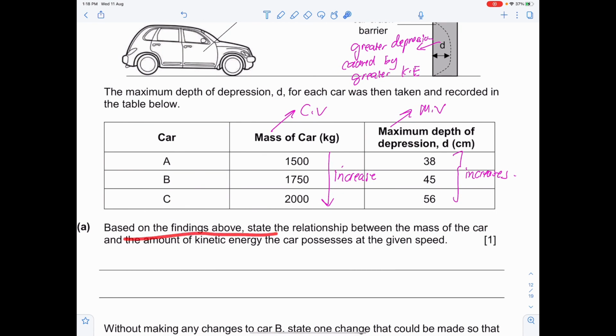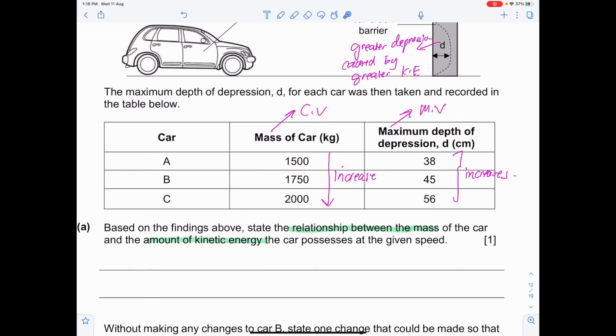Based on the findings above, state the relationship between the mass of the car and the amount of kinetic energy. Now, be very careful. Some of you just happily copy this. You would say, as the mass of the car increases, the maximum depth of depression also increases. This is wrong because the question is not asking you for the maximum depth of depression.